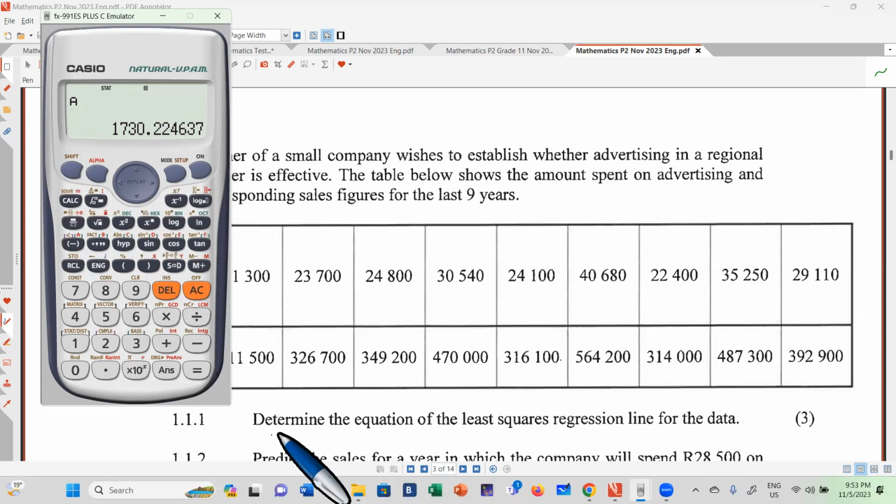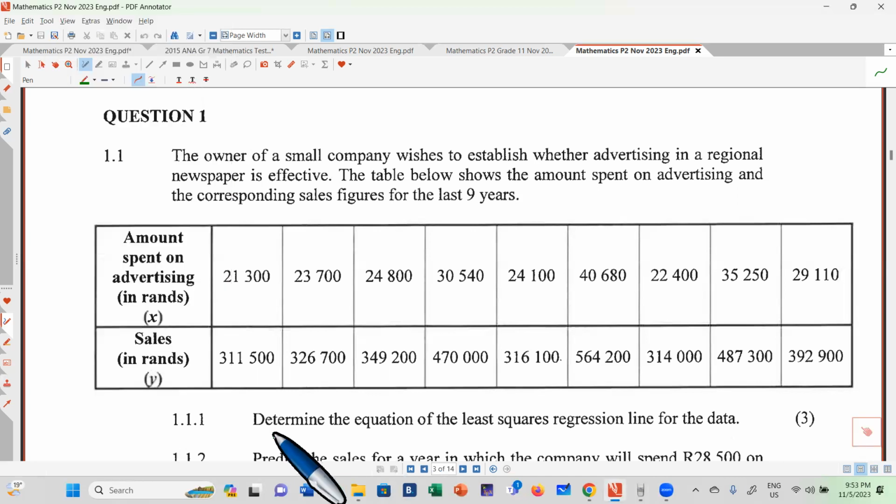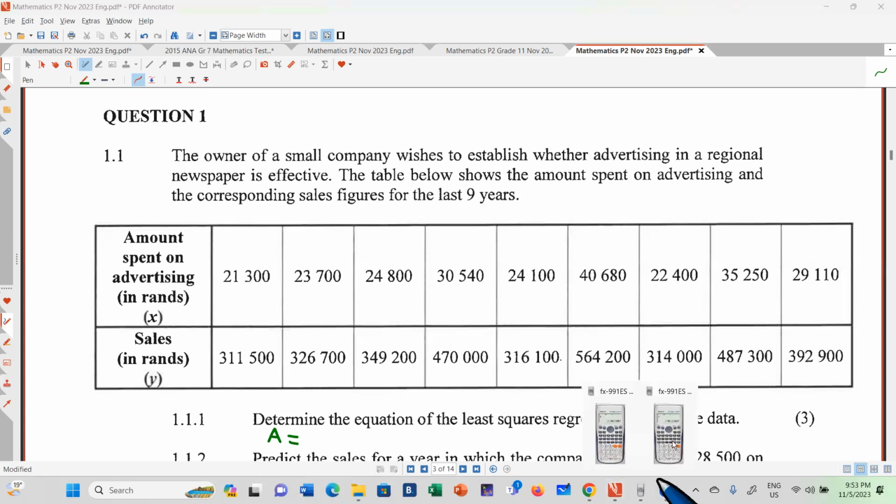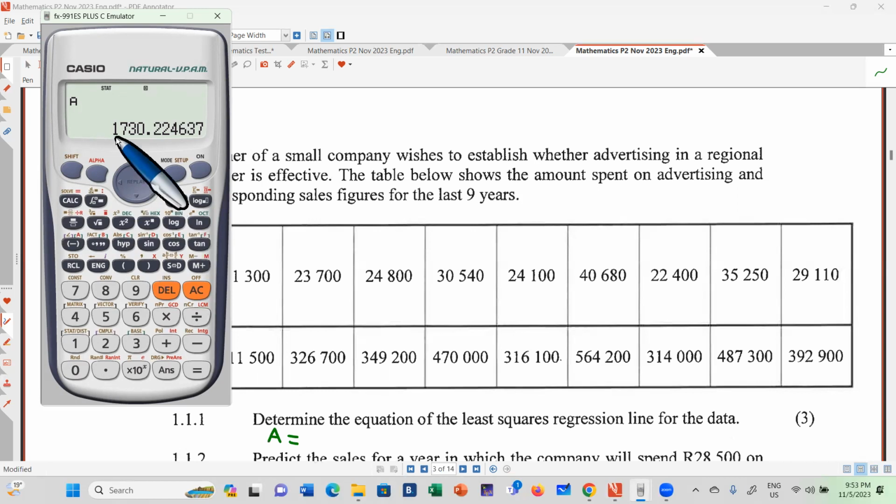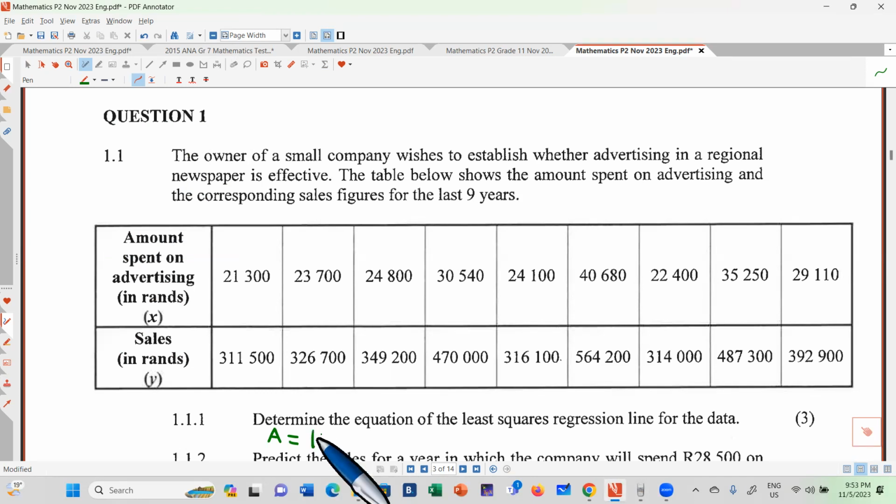So we write A down here. So A is 1730.22. That is A.